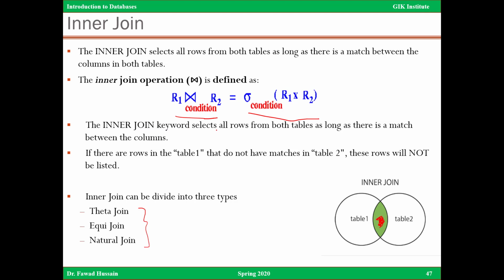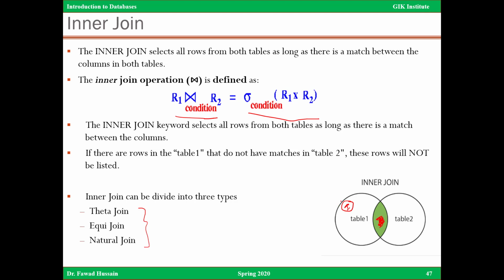The inner join keyword selects all rows from both tables as long as there is a match between them. So if there are rows listed in table 1 that do not match in table 2, and are only part of table 1, these rows will not be listed. There is no way using an inner join that I can have this row included in the result.